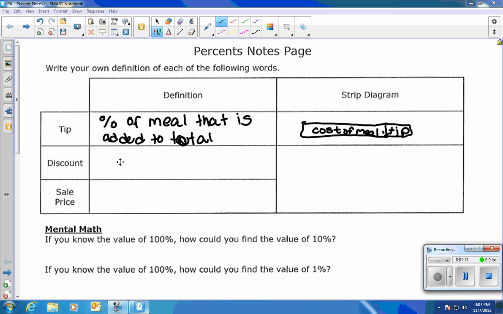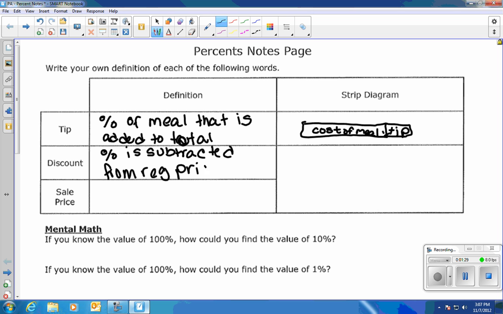So when we look at our discounts, this percent is subtracted from the total or from the regular price. And then the sale price is found by subtracting the discount from regular price.